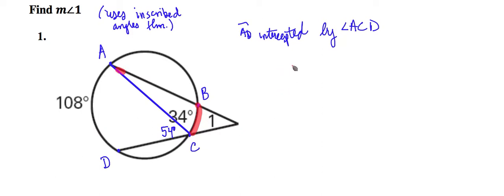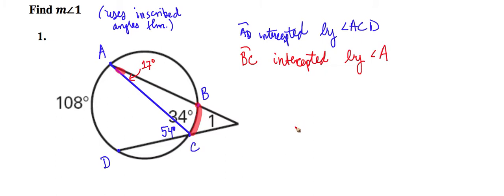So arc BC is intercepted by angle A. Therefore angle A must be 1/2 of arc BC. So this angle in here must be 17 degrees. Okay? And now I think we actually have enough information in order to figure out the measure of angle 1.